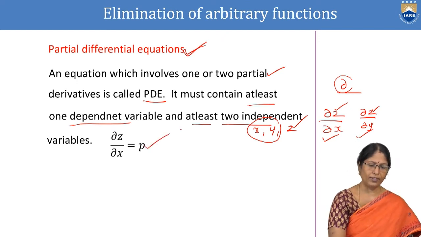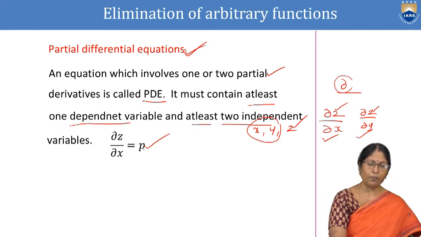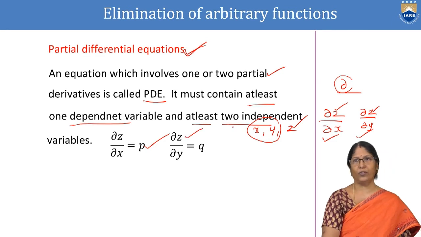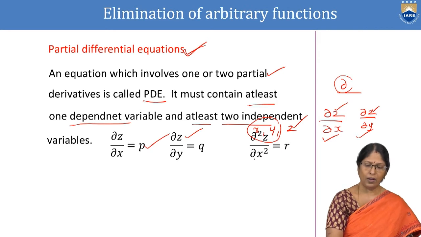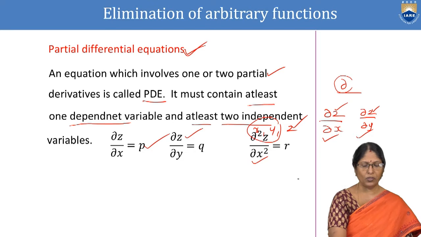The notations: ∂z/∂x is denoted by small p, ∂z/∂y is denoted by small q. For ∂²z/∂x², here the differentiation is done partially two times, whereas in ∂z/∂x it was done only one time.